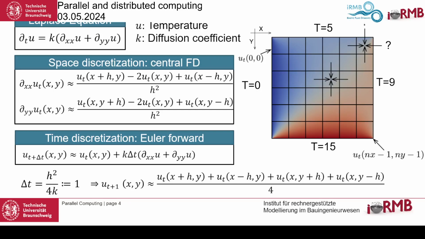Now you take the delta t to the other side, and you also put the u at t on the other side, and then you can compute the next time step from the current time step. This is what Euler forward does.